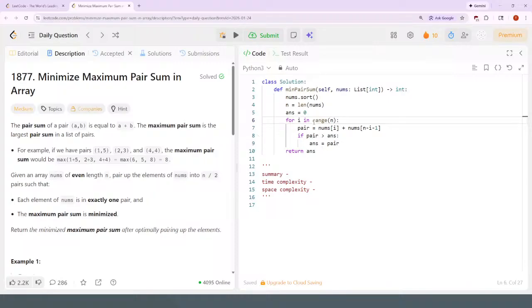Trying to figure out if I consider this to be an easy in my mind, and therefore I'm surprised by it being medium, or if medium is the appropriate thing, because you do need a sort, and generally easy problems don't need a sort. I don't know.